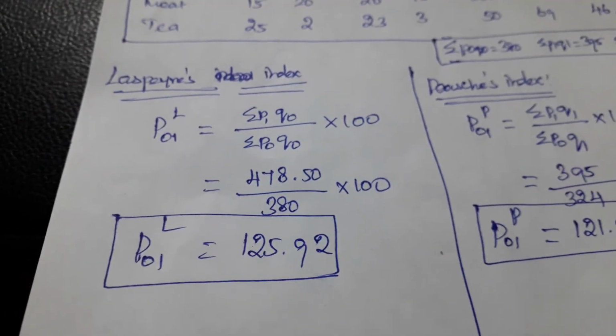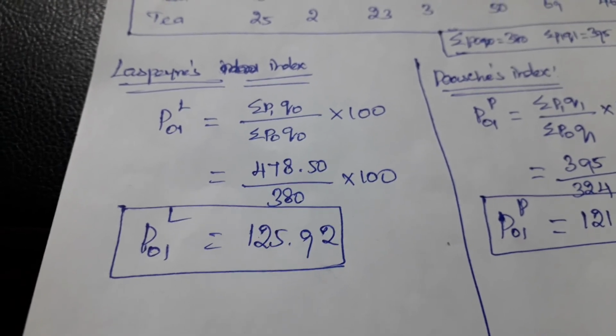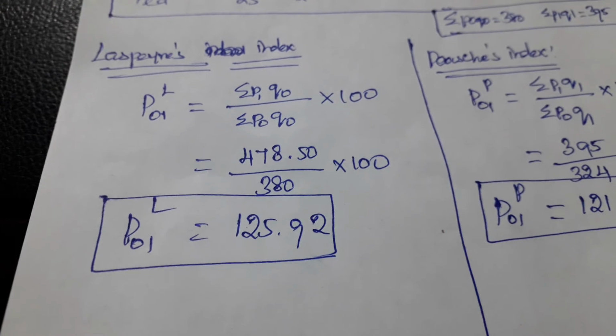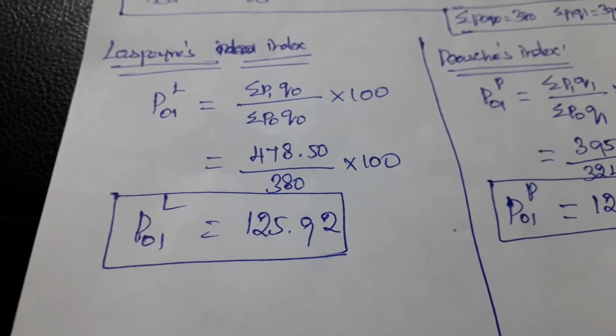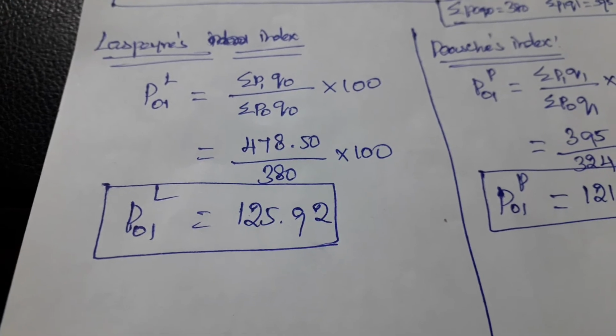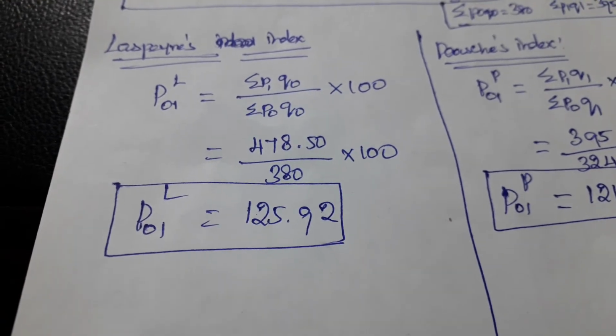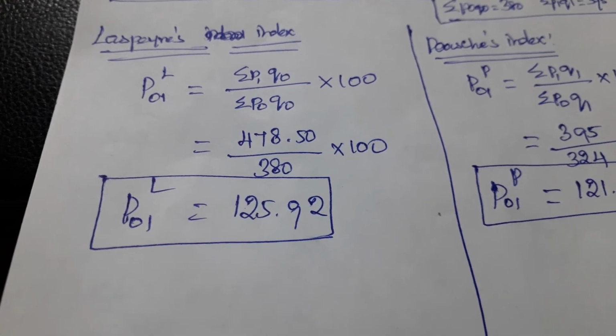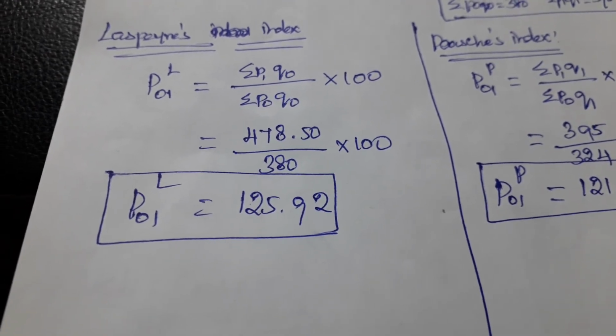Under the Laspeyres method, we can calculate the index number through the formula P01. Here the 0 indicates the base year, the 1 indicates the current year, and the L denotes the Laspeyres index. This is the method of finding the index number.